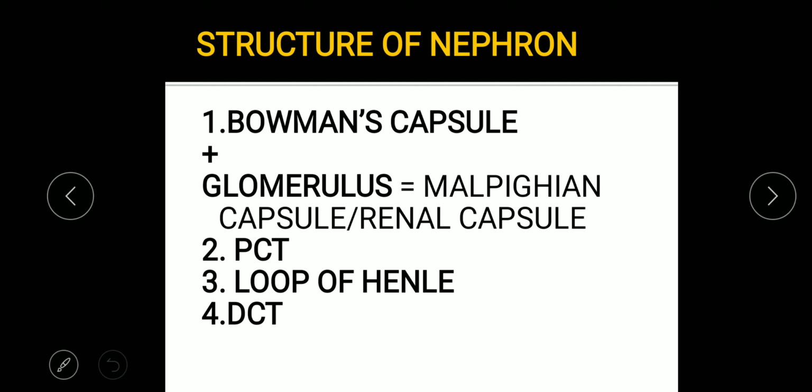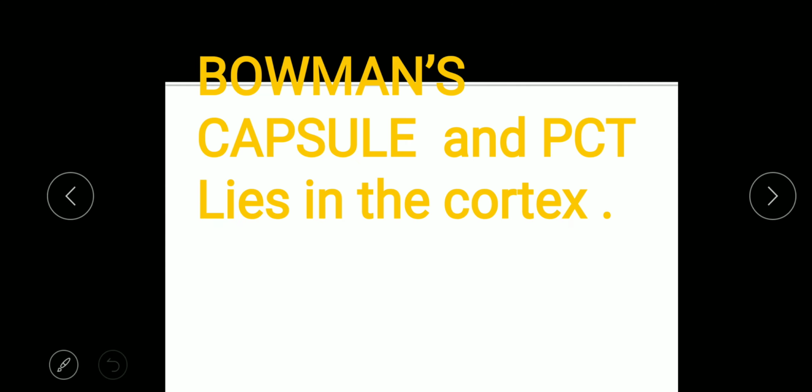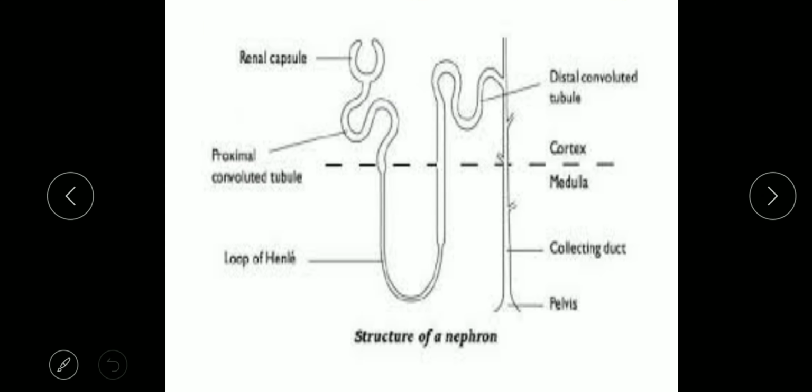So the nephron is like this. Okay. So this is the renal capsule or the Bowman's capsule. This is the PCT, proximal convoluted tubule. Proximal means it is present near the starting point of the nephron. Convoluted because it is twisted and turned.